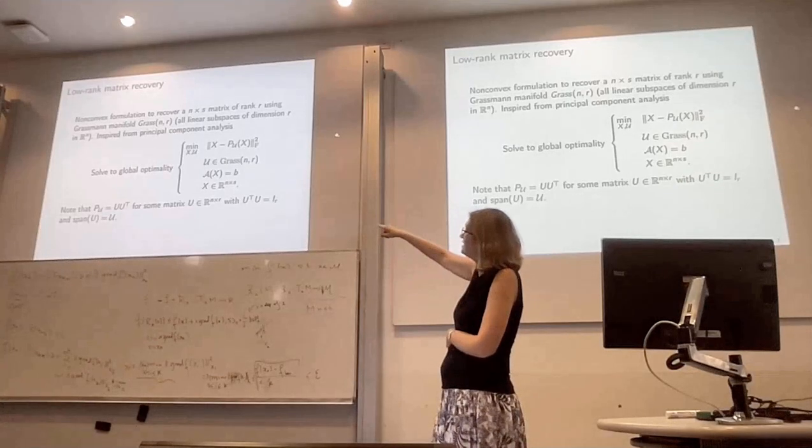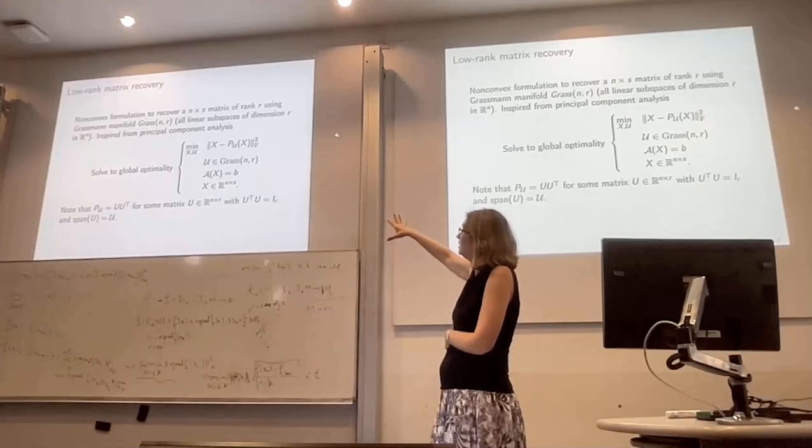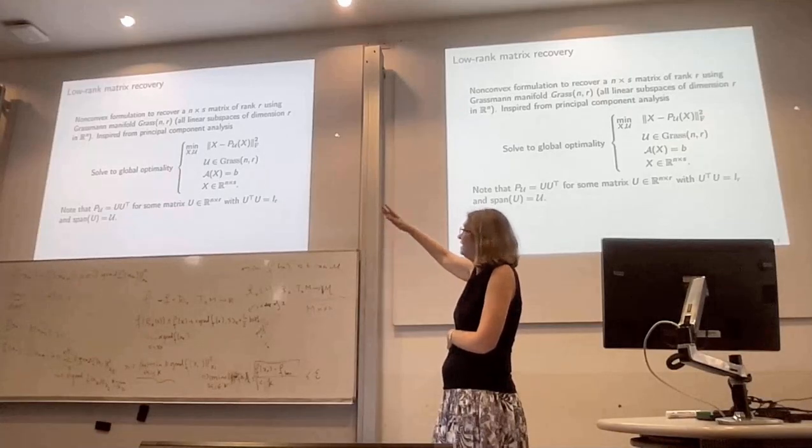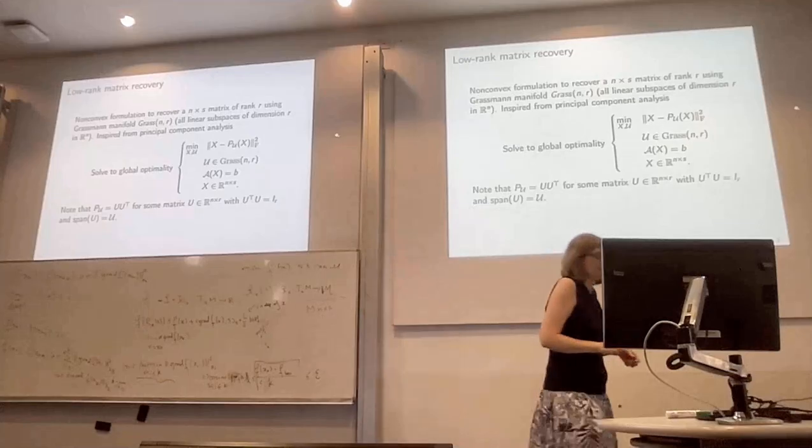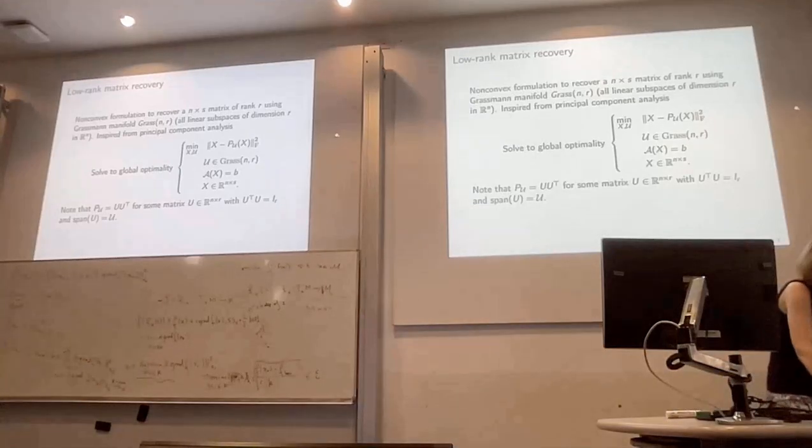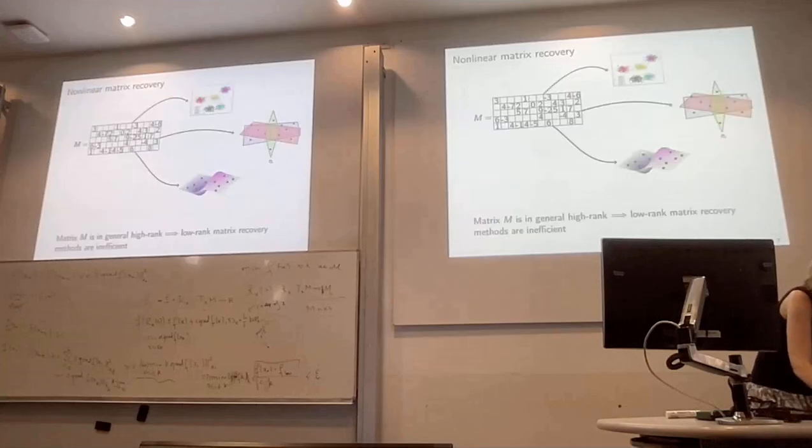So I'm looking to find such a U, a representative from the Grassmannian manifold, and to find X at the same time. Okay, so this is also used in this case, and what you end up doing to calculate U is just an SVD for X and take the leading R.